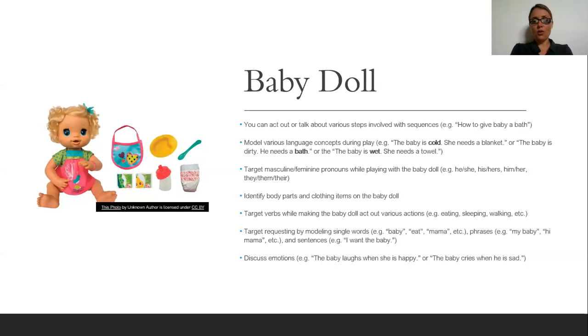And you can model requests by giving those single words to phrases to sentences. So like single words being baby, eat, mama. Phrases, my baby, hi mama. Or sentences, I want to hold baby. And then you can also work on emotions, discuss the emotions with the baby.